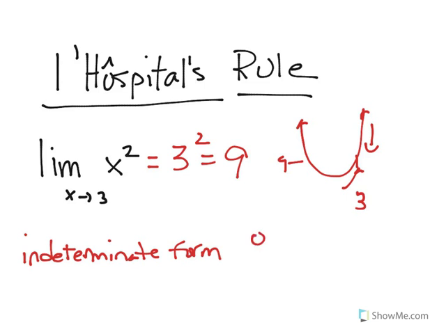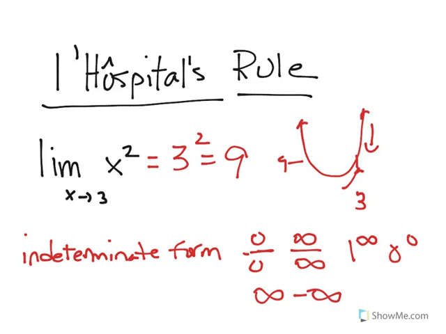The most common being 0 over 0, infinity over infinity, 1 to the infinity, 0 to the 0, infinity minus infinity, and etc. I also forgot about infinity over 0 and 0 over infinity, but I think you can see the relationship here.